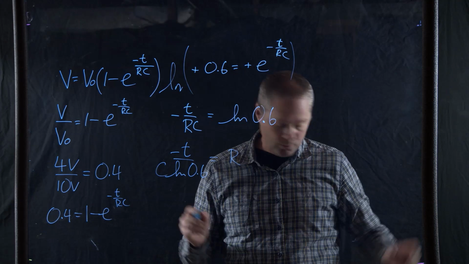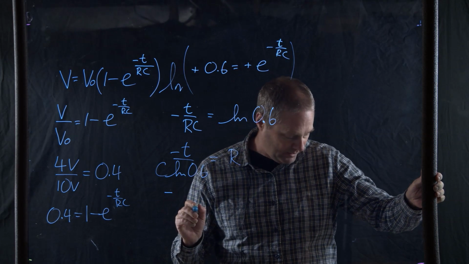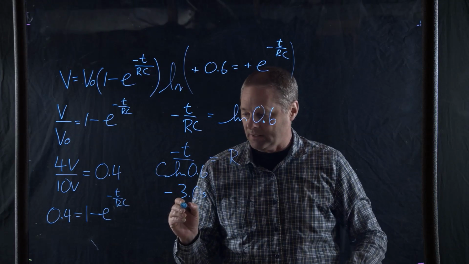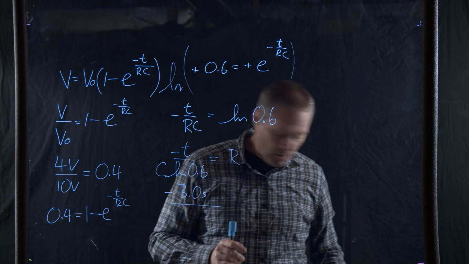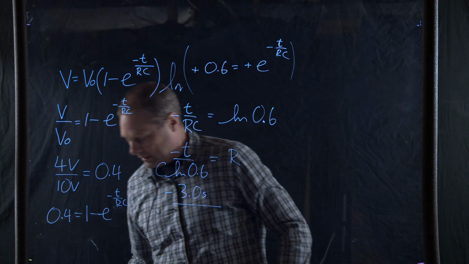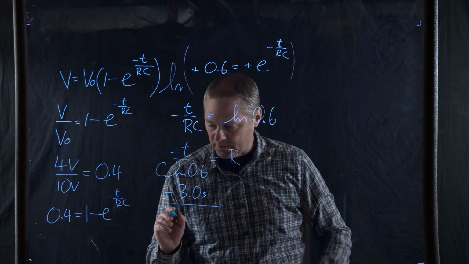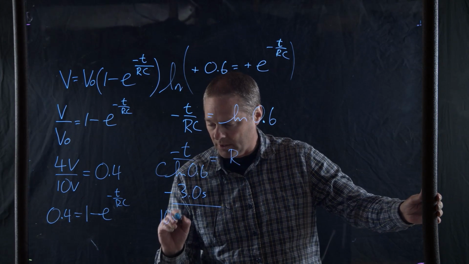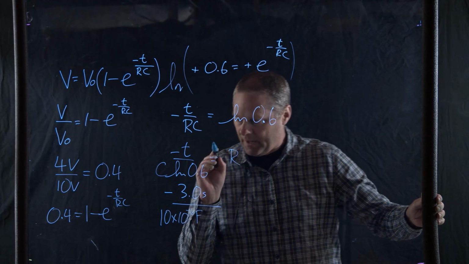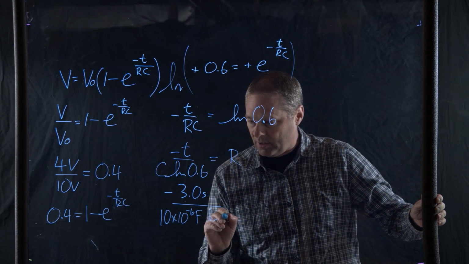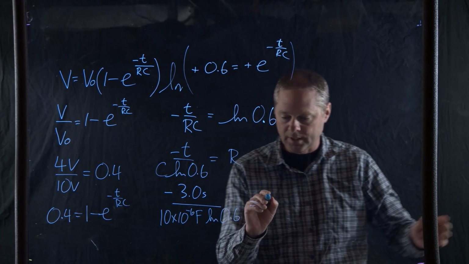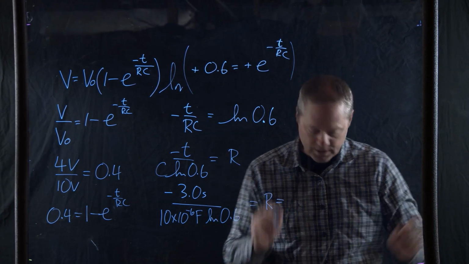This is going to be negative 3.0 seconds, because our time is 3 seconds. Our capacitance was 10 microfarads, so that's 10 times 10 to the minus 6 farads. We have the natural log of 0.6. If you go through and do this arithmetic, this is going to be equal to our resistance.